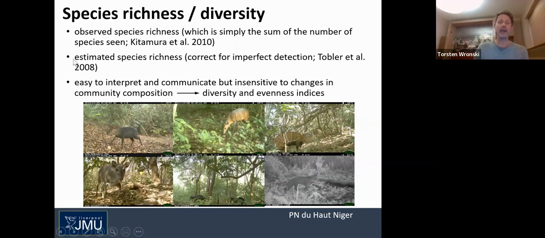But from that, using statistical approaches, you can also estimate the true species richness, because you will never observe all species through the camera traps. So that allows us to make statements regarding the richness, but not to establish diversity indices like the Shannon index or the evenness index. That would require that we can distinguish individuals, for example, by their individual fur pattern.